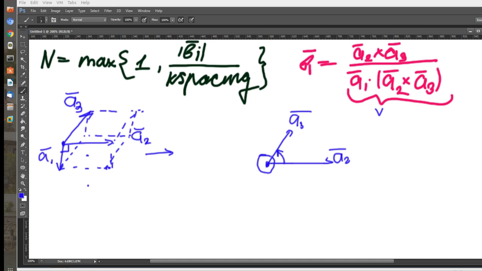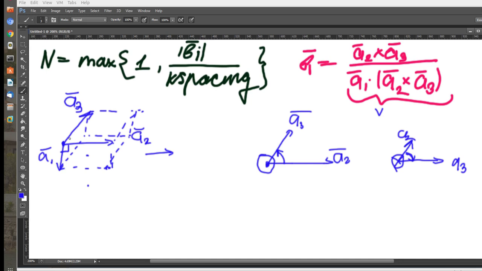So that means that the vector is out of the monitor and looks at us, whereas if our vectors were something like that, a2 and a3, we would have clockwise rotation, and the final vector would be directed out of that plane and out of our space, so it will look into the monitor.